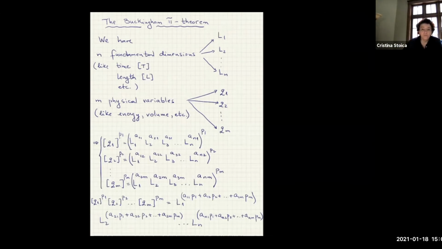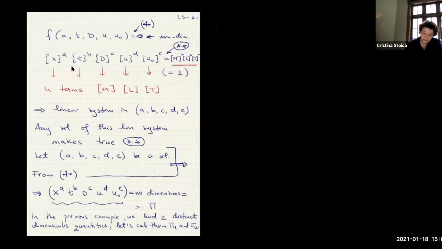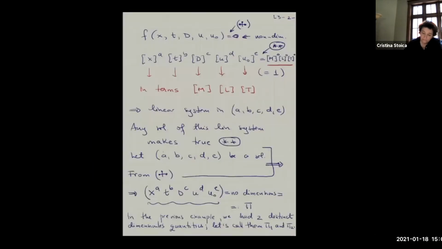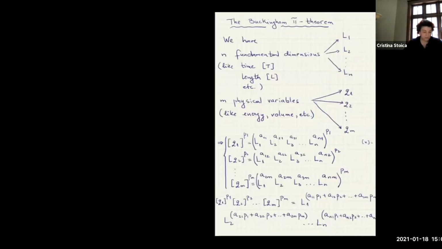So what we're doing is putting them together, we multiply them, each one with its own fundamental dimensions description. So we had X to be L, and then we have the diffusion coefficient, I forgot what that was.